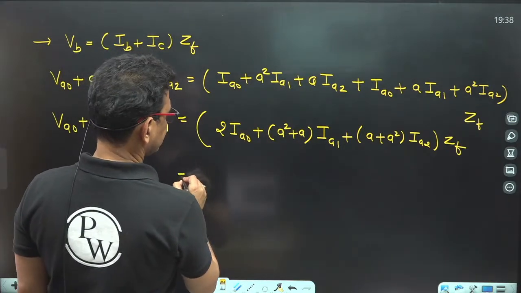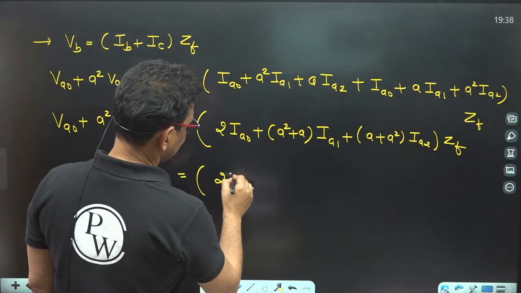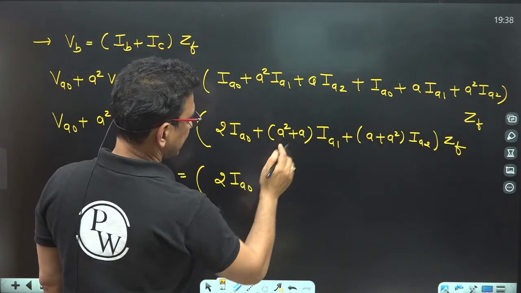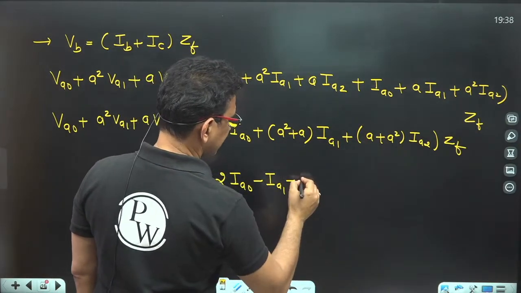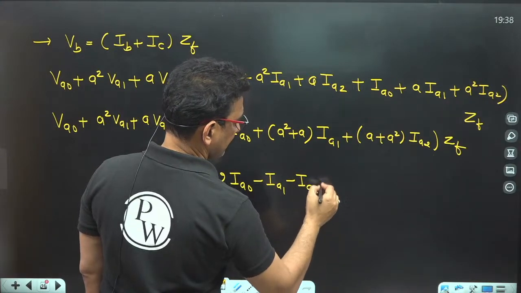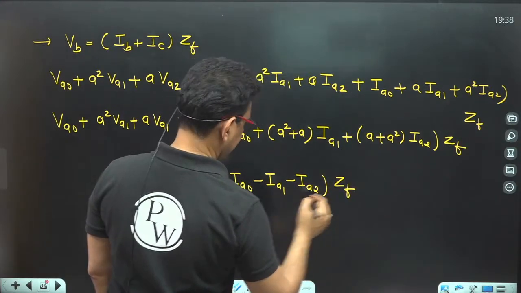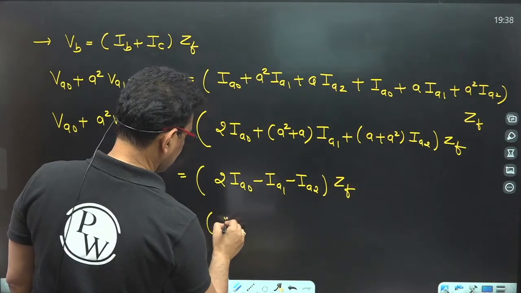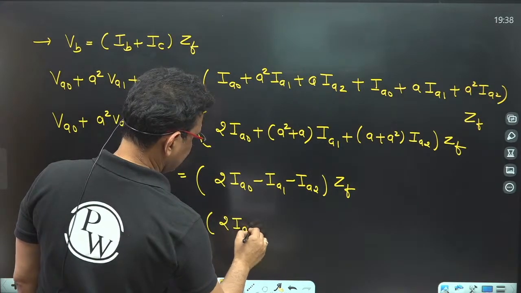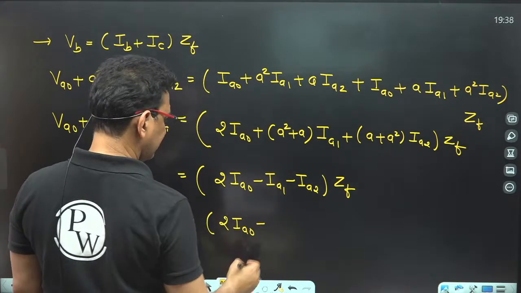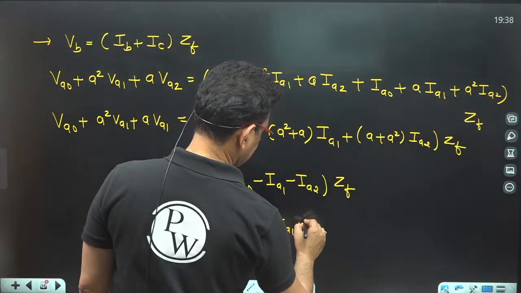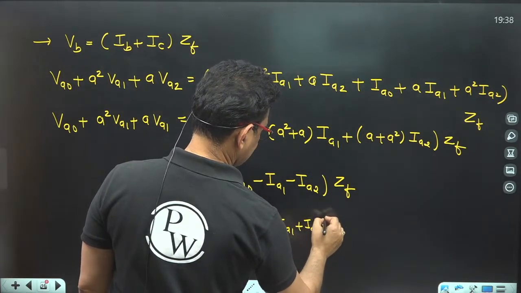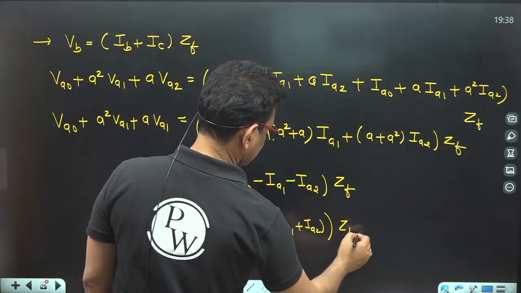So it is 2 IA0 minus IA1 minus IA2, into ZF, that is 2 IA0 minus IA1 plus IA2, into ZF.